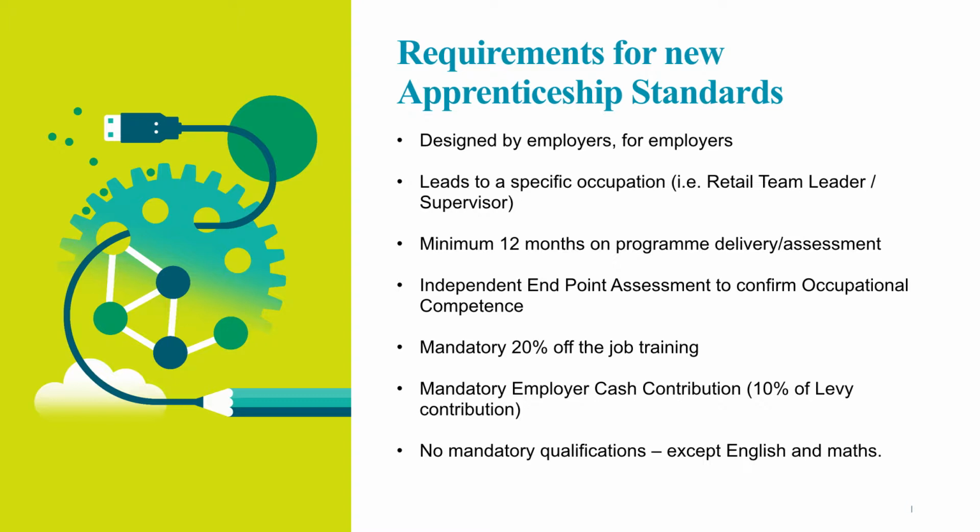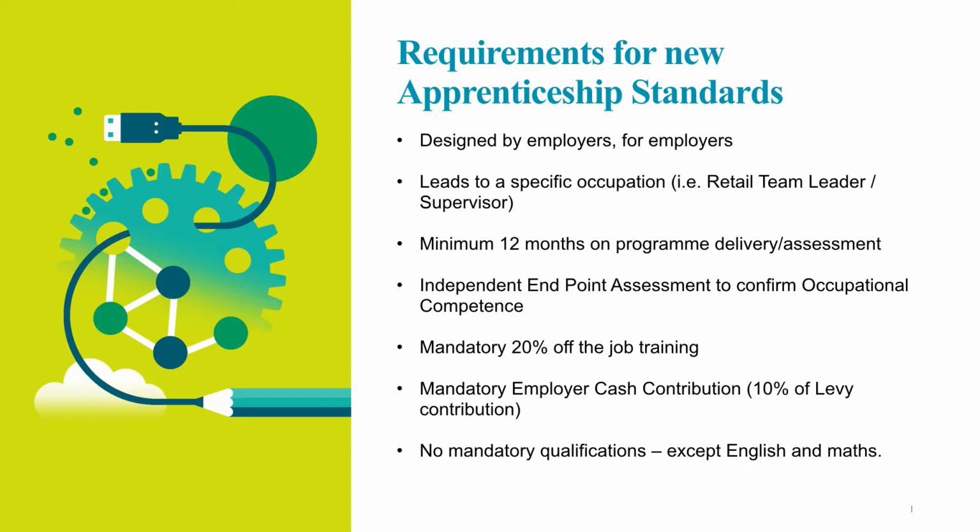There's a requirement, as there is now, for off-the-job training, and they're stipulating at the moment a mandatory 20% off-the-job training, and that there has to be an employer cash contribution. At the moment, with SACE apprenticeships, where it is a co-funded apprenticeship, there is a requirement for a 50% cash contribution, or contribution in kind. This now moves to a mandatory cash contribution.